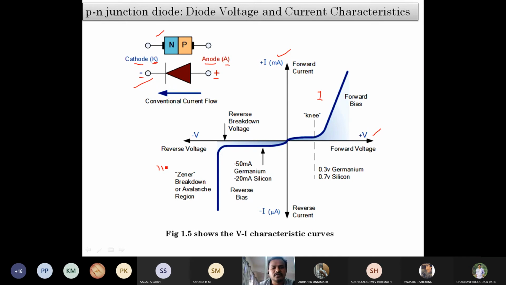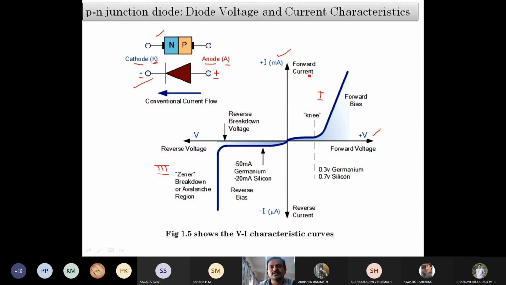What are these first quadrant values? Here all voltages and currents are positive, so current will be there. It is labeled as the current that flows when it is in forward bias.